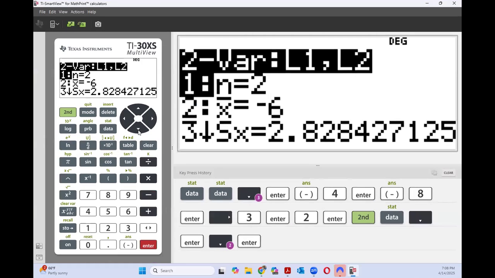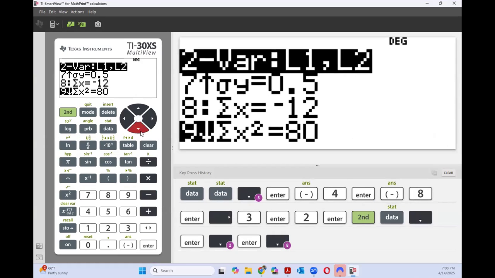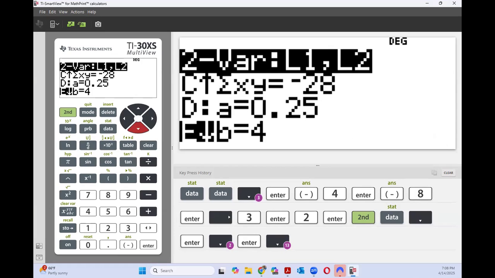That gives me my slope and my y-intercept. My slope is negative 0.25. You should know that's 1/4. If you don't, put it in your calculator. My y-intercept is 4. So y equals 1/4 x plus 4. I'm done.